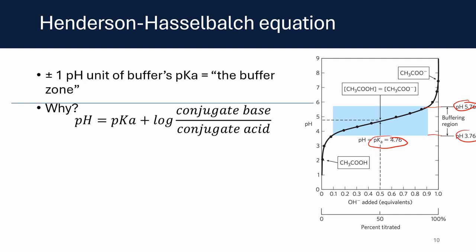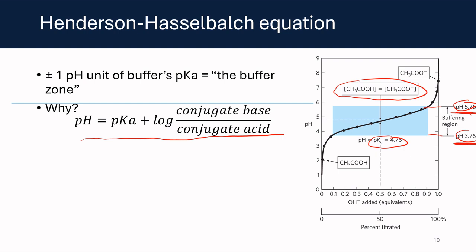Over here, I have the Henderson-Hasselbalch equation written out like this, where I just spelled out conjugate base and conjugate acid. And we're going to plug in some numbers to get a feel for what our buffer distribution looks like at both extremes of our buffering region. So pH 3.76 and pH 5.76.